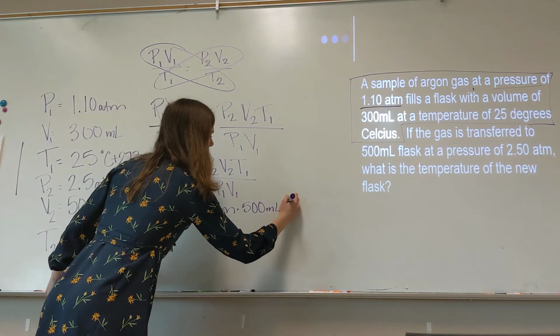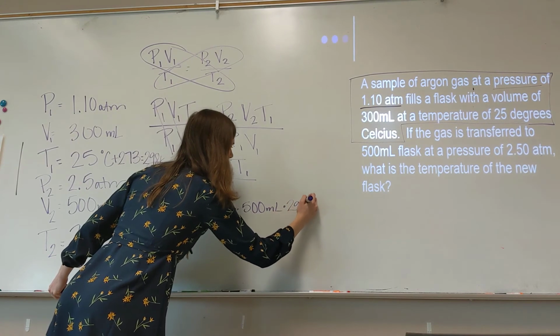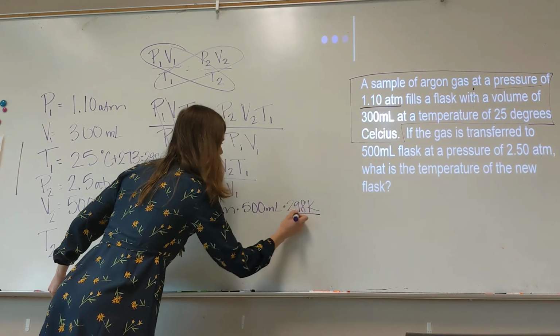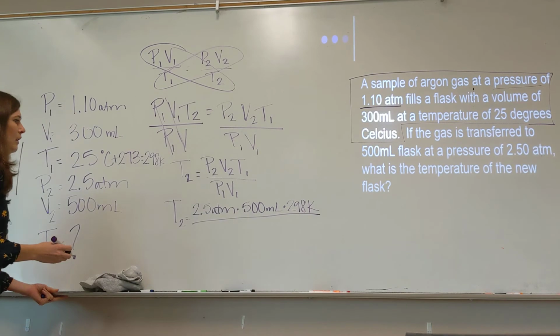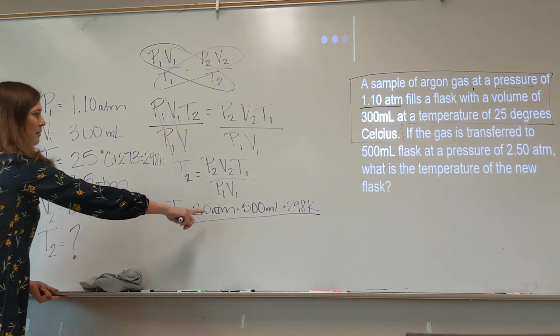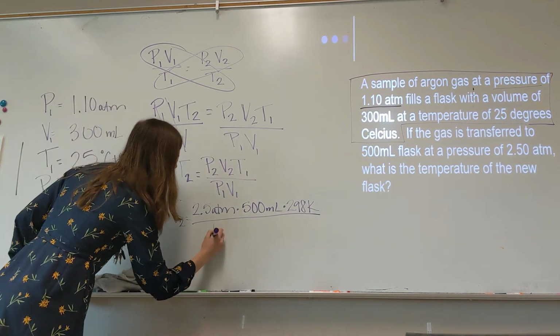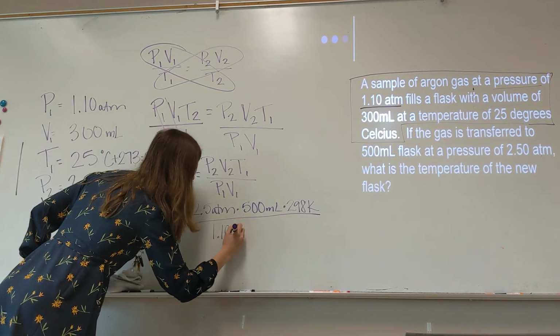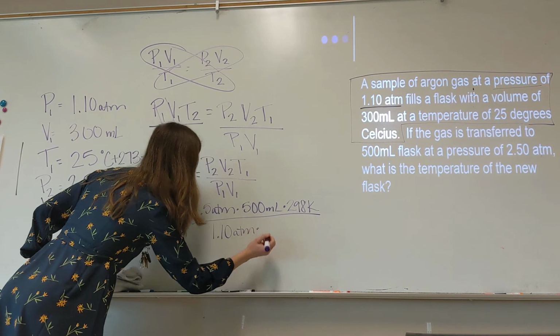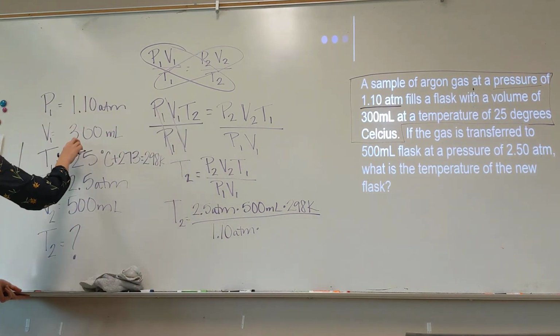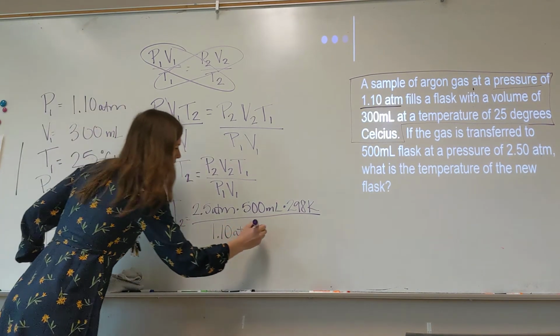Alright. Divided by my P1, which is 1.1 atmospheres. Multiplied by 300 milliliters.